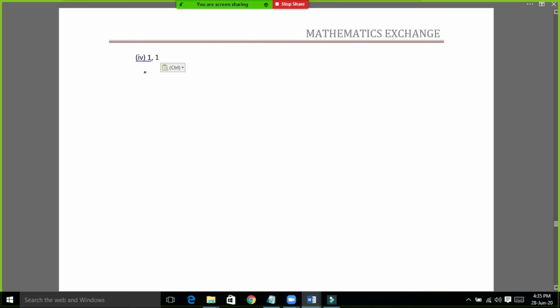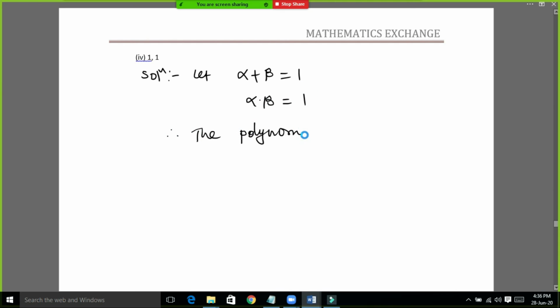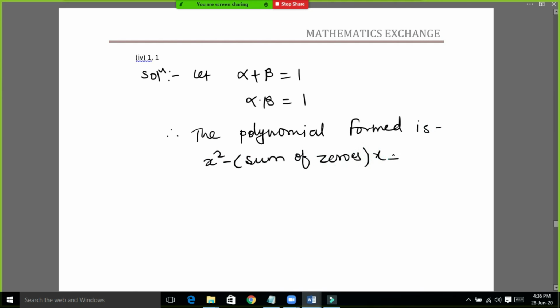In the fourth example, let the sum of zeros be taken as alpha plus beta is equal to 1 and the product of zeros is also 1. Therefore the polynomial form is x square minus sum of zeros into x plus product of zeros.